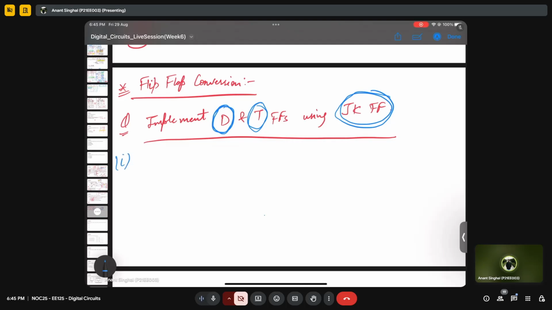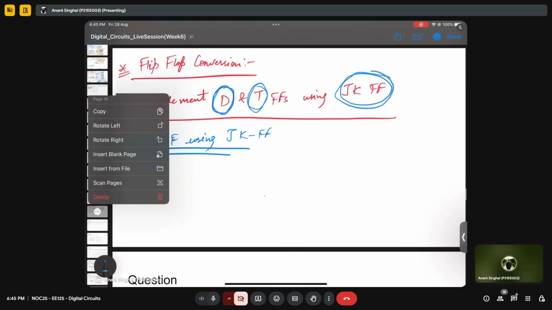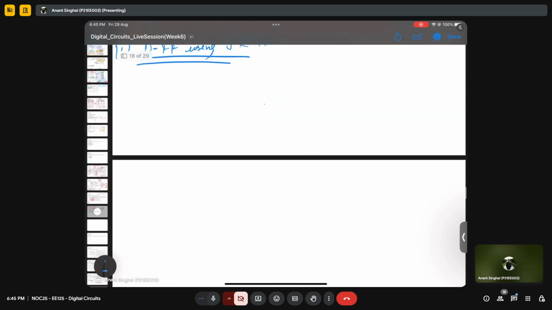The first part of the question says D flip flop using JK. There are three major steps involved in this. You have to learn them.